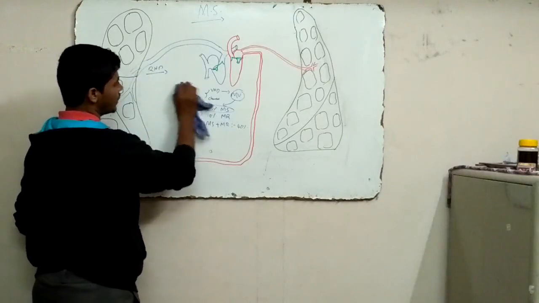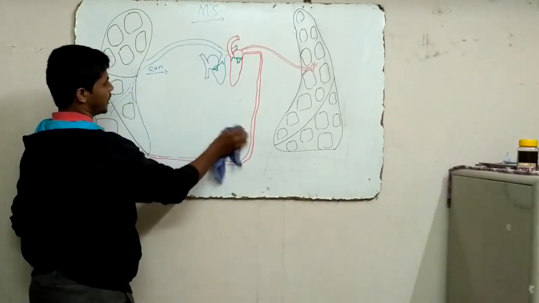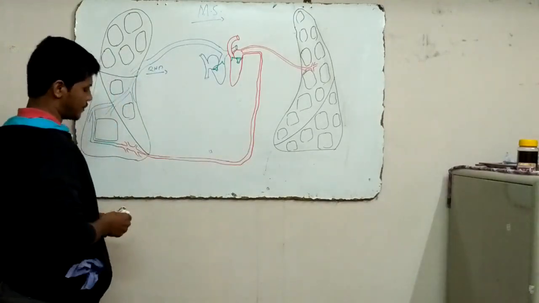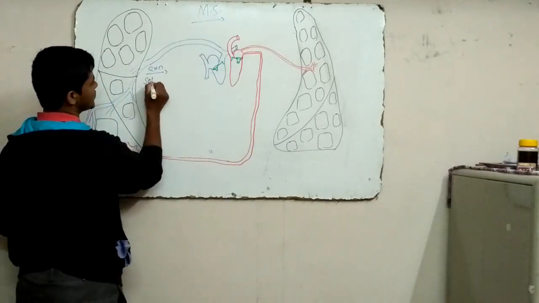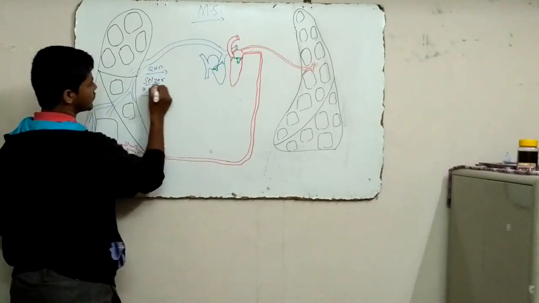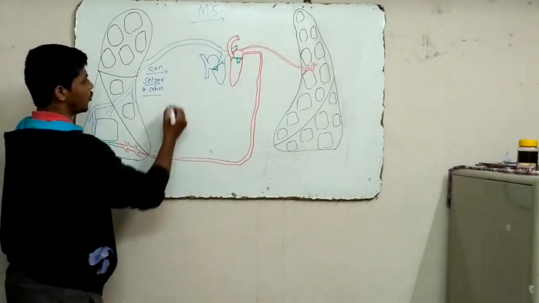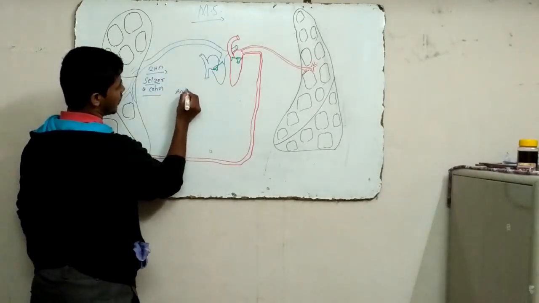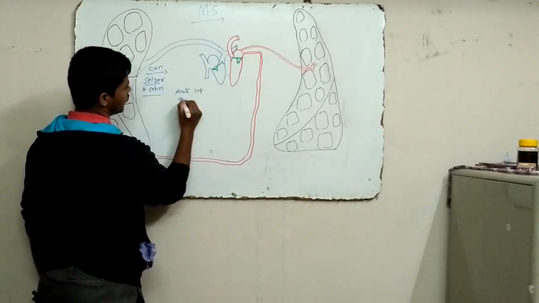Now we'll discuss why mitral stenosis occurs in rheumatic heart disease. This is explained by a hypothesis called the Selzer and Kohn hypothesis. According to it, once there is rheumatic disease, there is acute inflammation of the mitral valve.